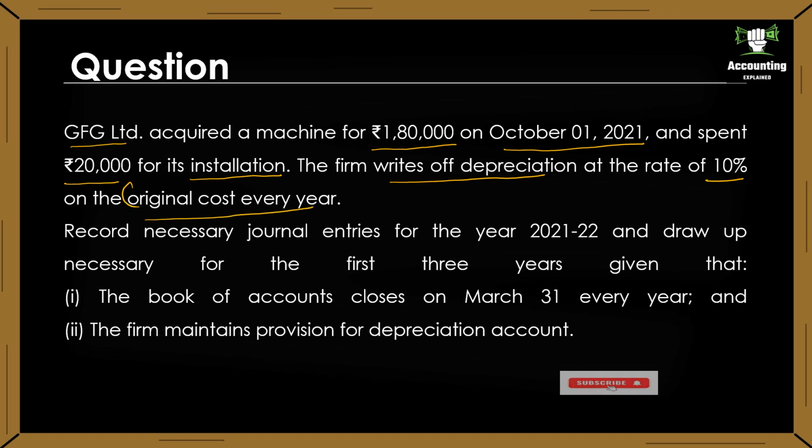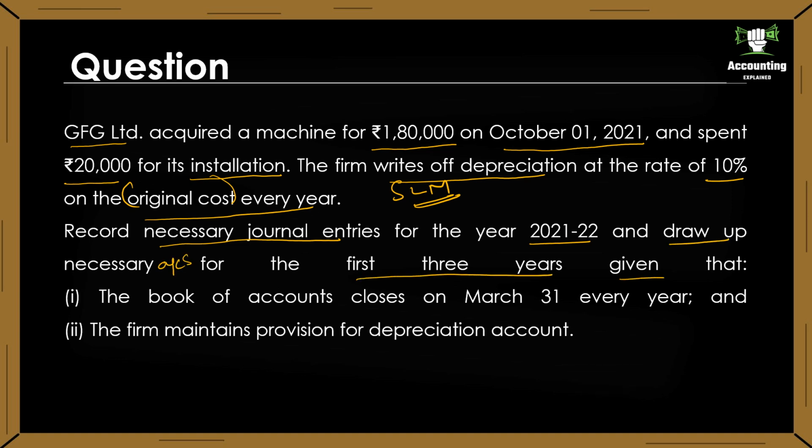So original cost means straight line method, SLM. Record necessary journal entries for the year 21-22 and draw up necessary accounts for the first 3 years, given that the books of accounts close on March 31 every year and the firm maintains a provision for depreciation account. Okay, this is the question.